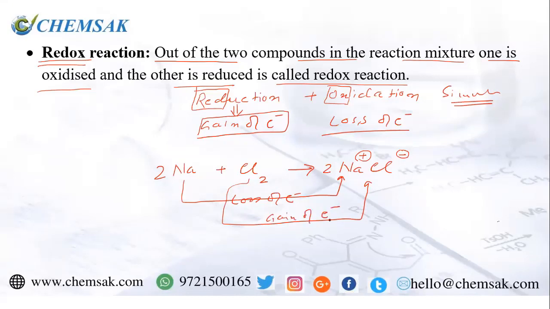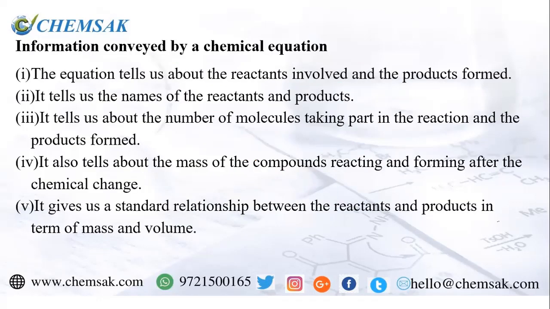Loss of electron is oxidation, so sodium gets oxidized and chlorine gets reduced. This is a combination of oxidation and reduction, and the overall reaction is a redox reaction. Is it clear now? Now we move to the next.